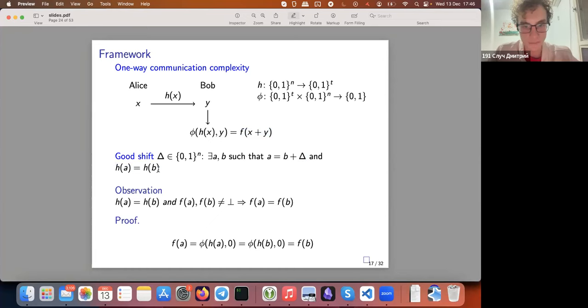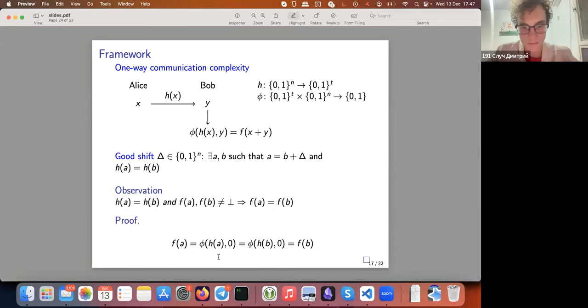And we can notice the following thing. Let there be 2 points A and B, and f is defined on these 2 points, and h is equal on these 2 points. In that case, f on these points is also equal.